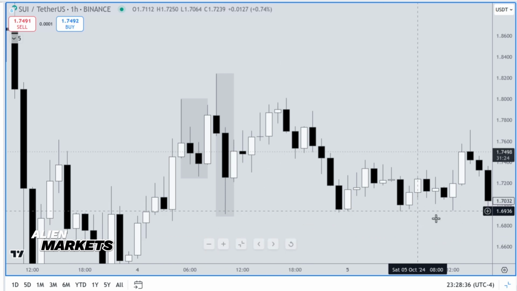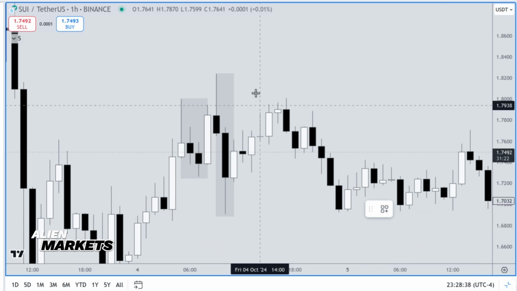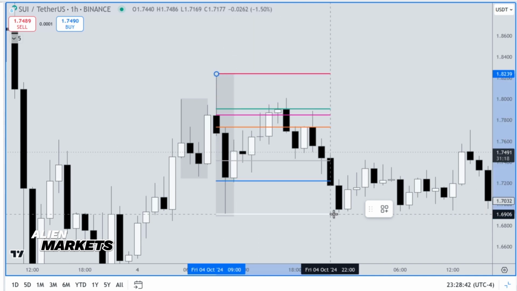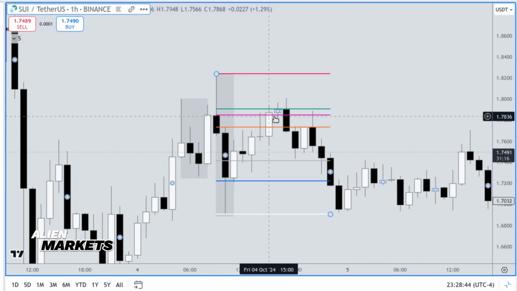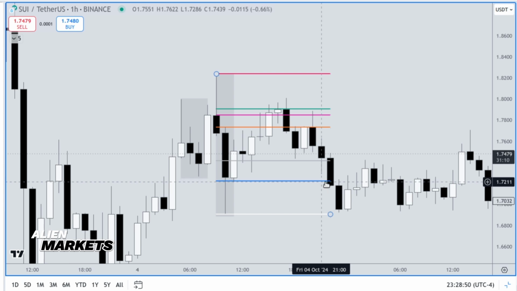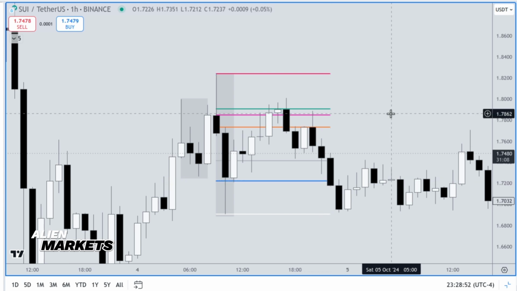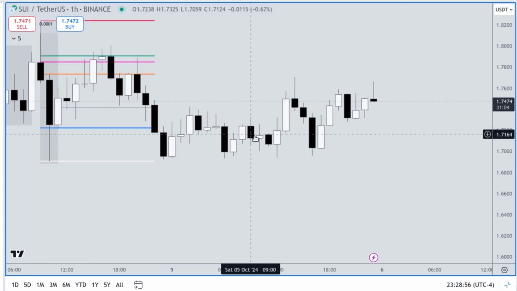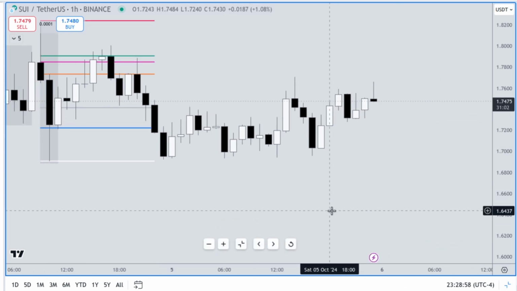So look at this. You can place a fib right here and you have right here 75% retracement, and then it moves to the TP perfectly, right? You can spot it everywhere.